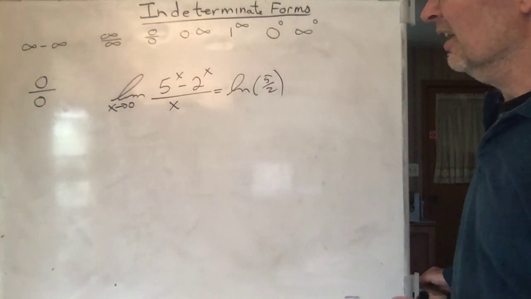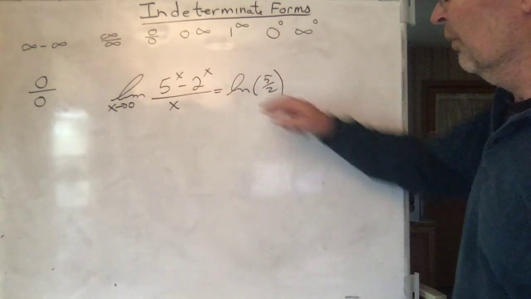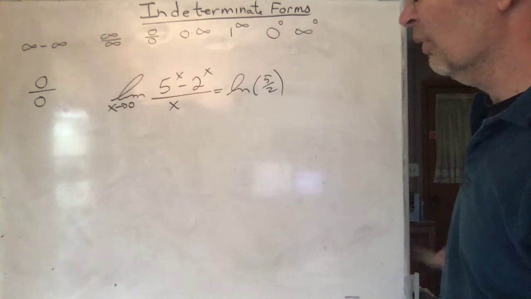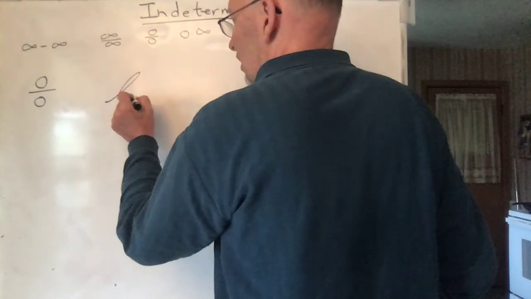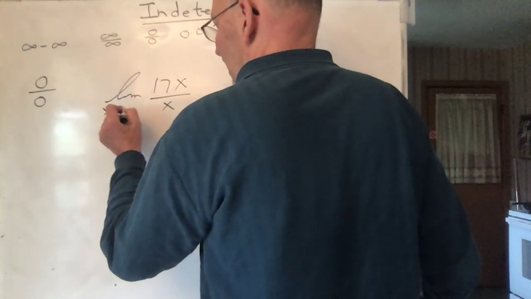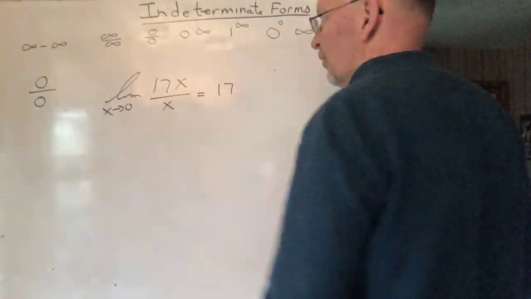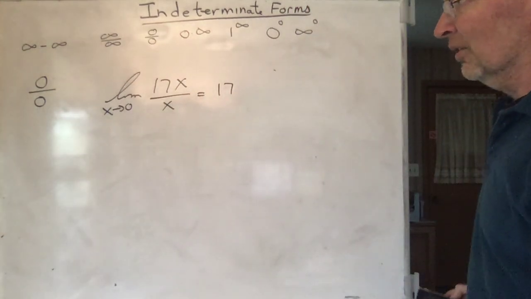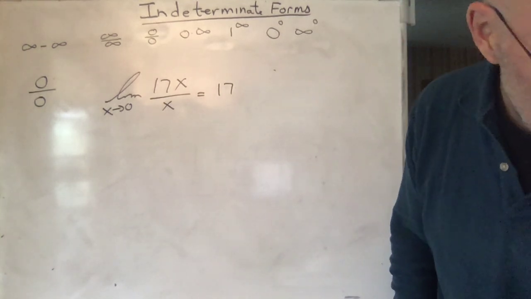So there's an interesting case where both the top and the bottom were 0 over 0, so we used L'Hopital's rule on it. Again, we wouldn't have to use L'Hopital's rule. We could do 17x over x. As x goes to 0, both the top and the bottom are going to 0, but the ratio is going to 17. So no problem there. Okay?